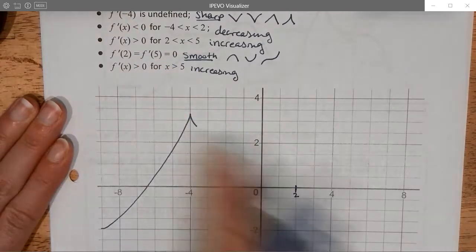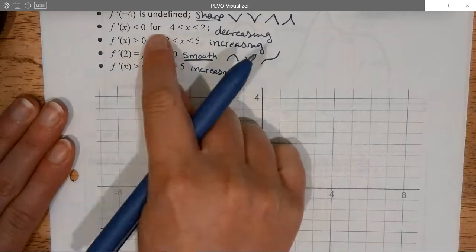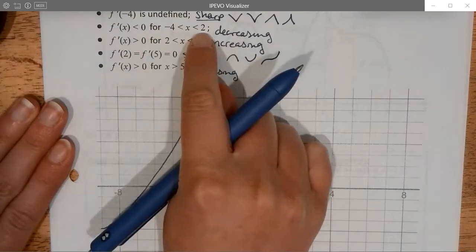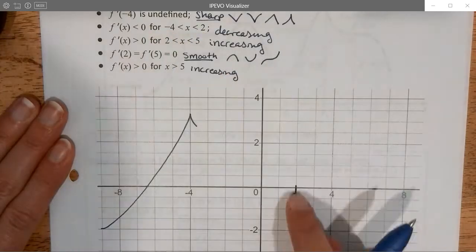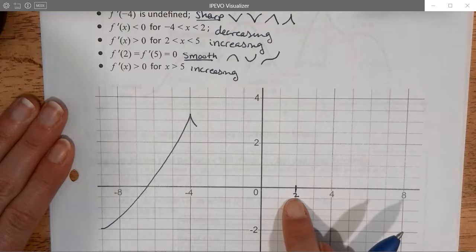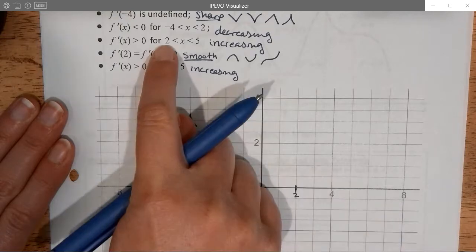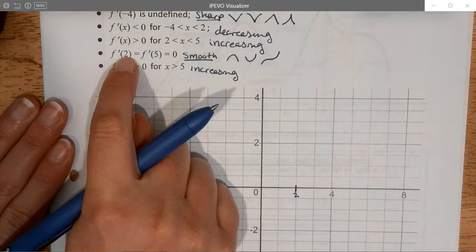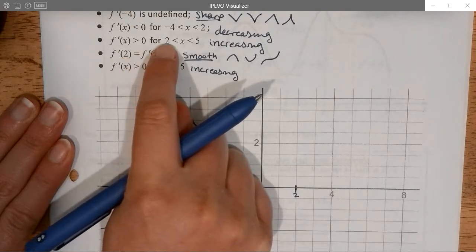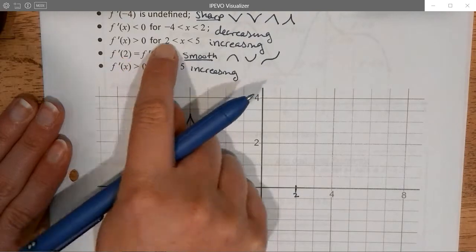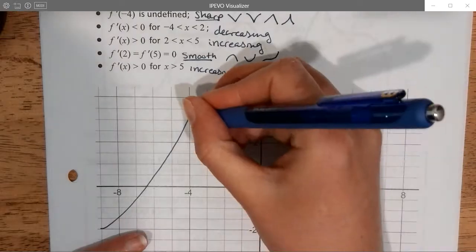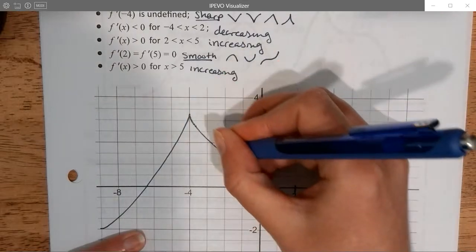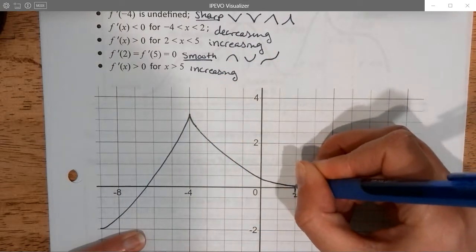Okay, now I need to read a little further. I'm going to continue decreasing now until an x value of 2. When I get to that x value of 2, I will be smooth. Also, when I get to the x value of 2, we're going to turn around and be increasing. Okay, so I think I can do that. So we're going to be decreasing until 2, and then increasing.